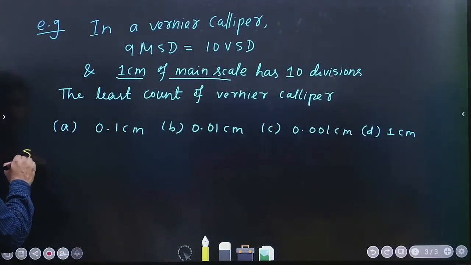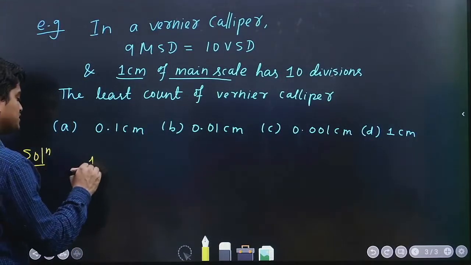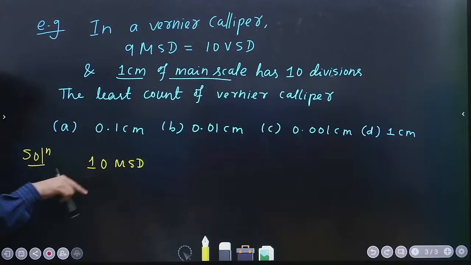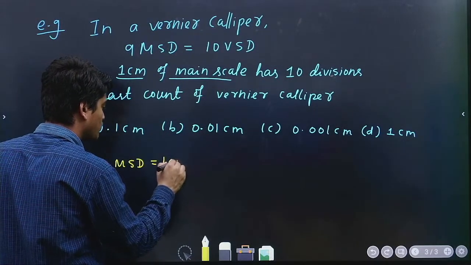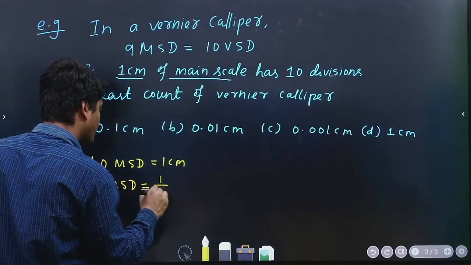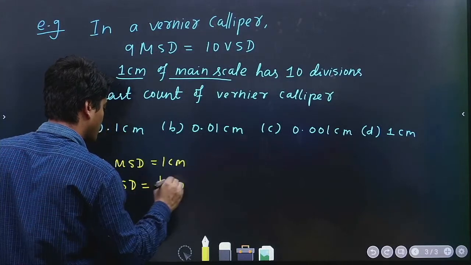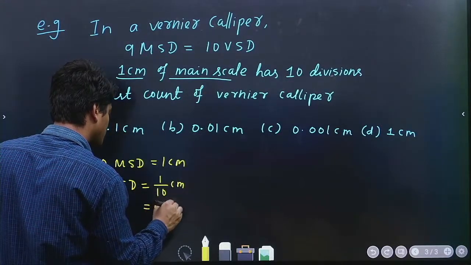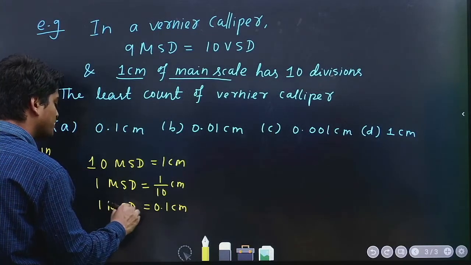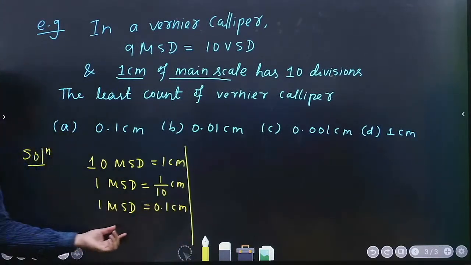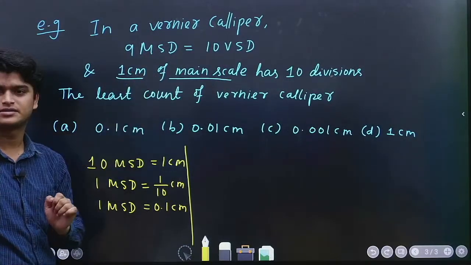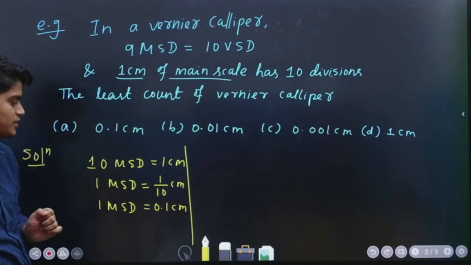That means you can write 10 MSD equal to 1 centimeter. 1 MSD is 1 by 10 centimeter. Same thing. But I did not give this one directly. I asked a little like this. You have to understand the question correctly.